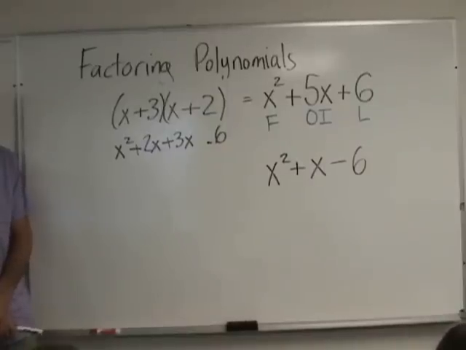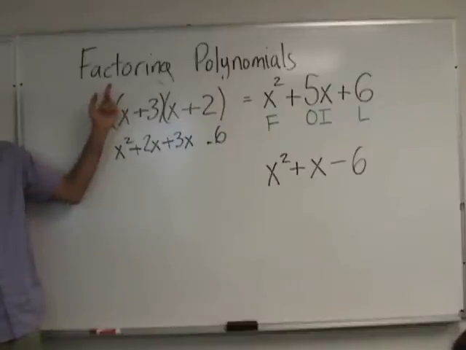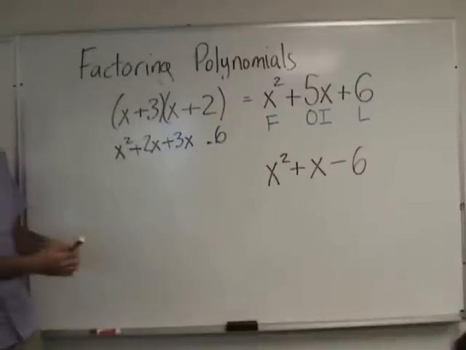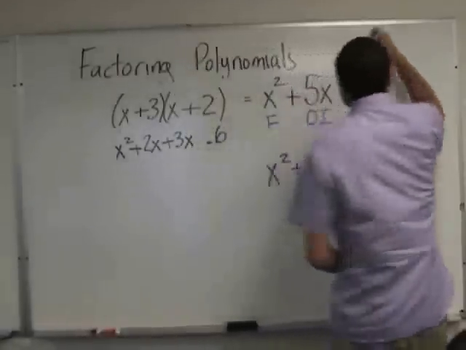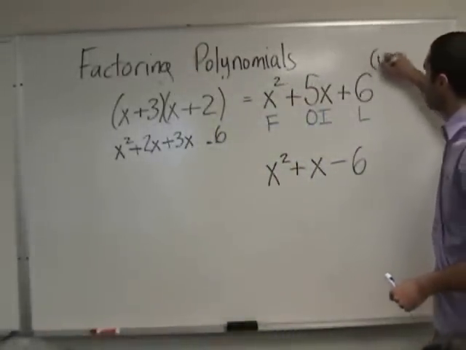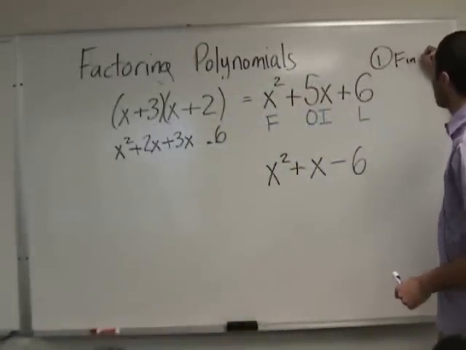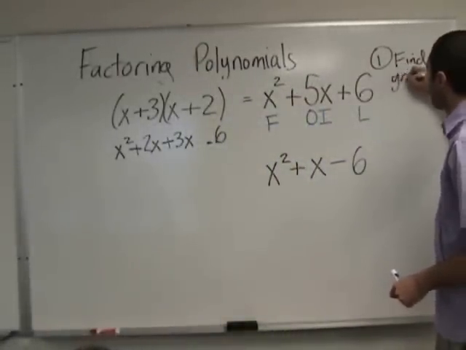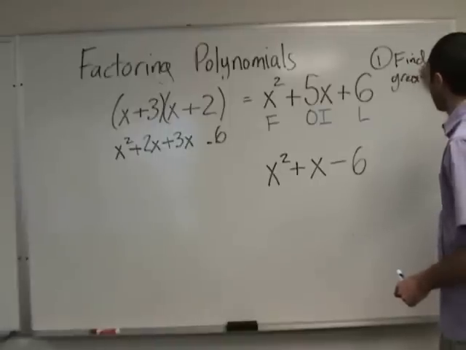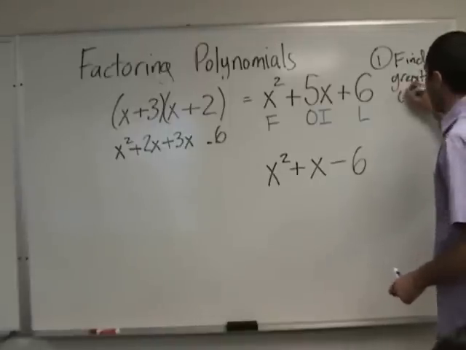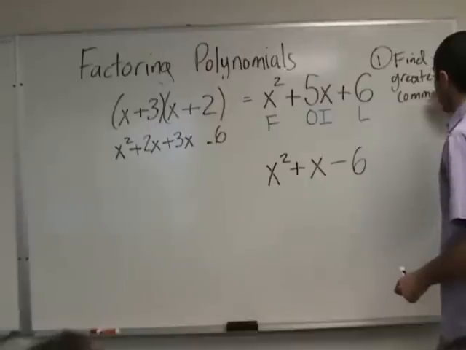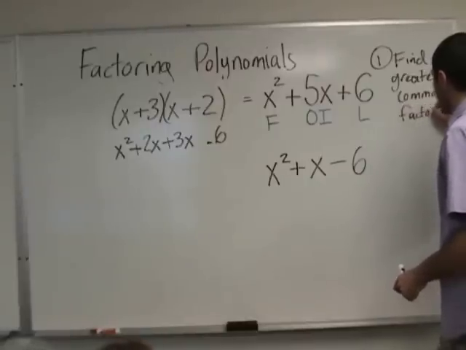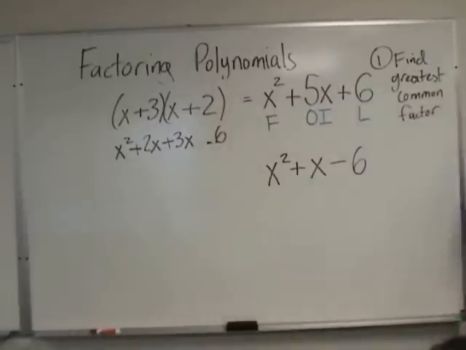Okay. So, first and foremost, we're going to talk about factoring on a global level. The first step in factoring, you should write this down. First step in factoring, find greatest common factor.